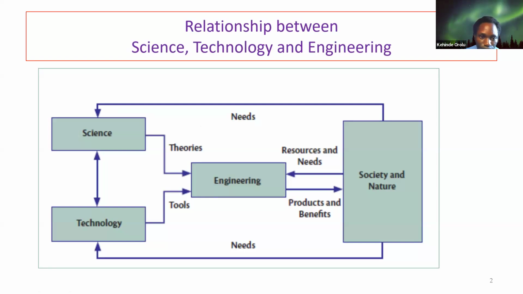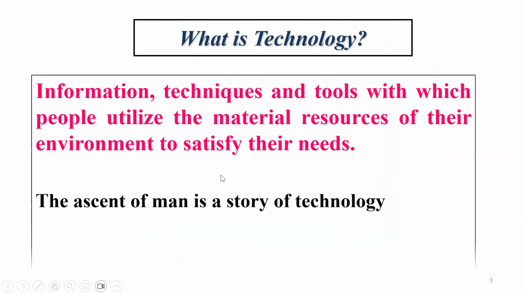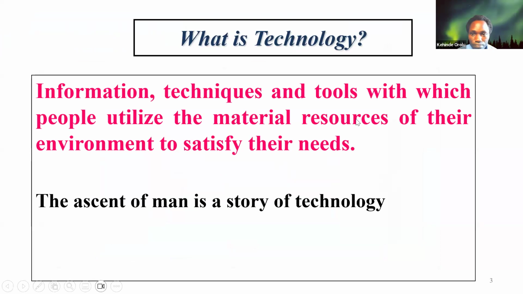Science provides the theories, technology provides the tools with which engineers produce products that benefit society and nature. And so that's the kind of relationship between them. So let's look at technology with a closer lens and see how technology has evolved over the ages and to where we are today.